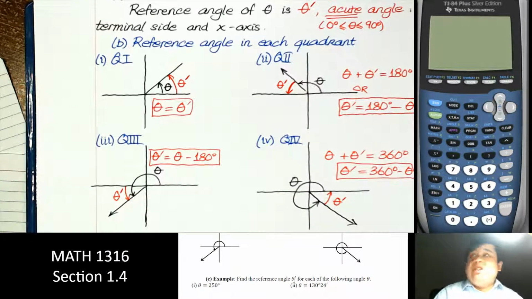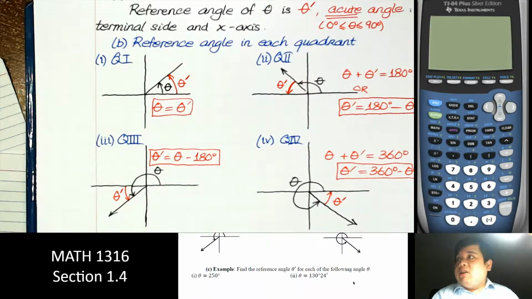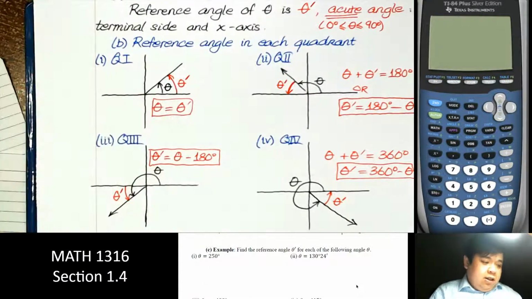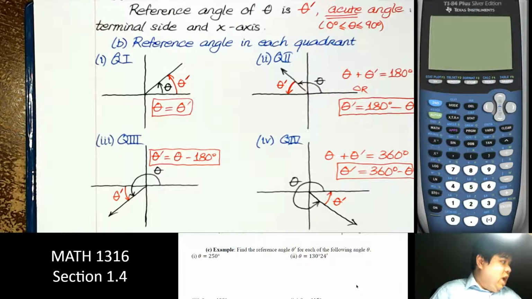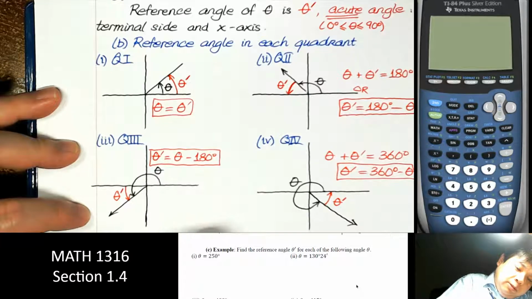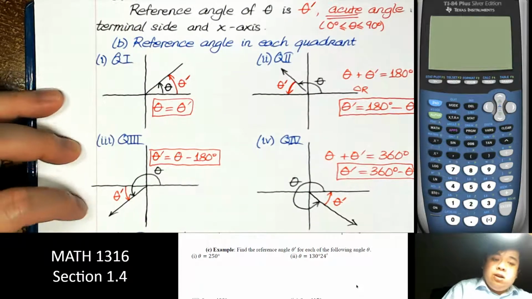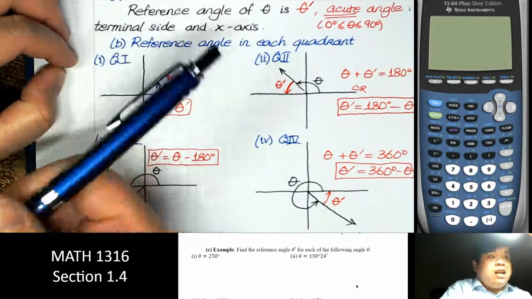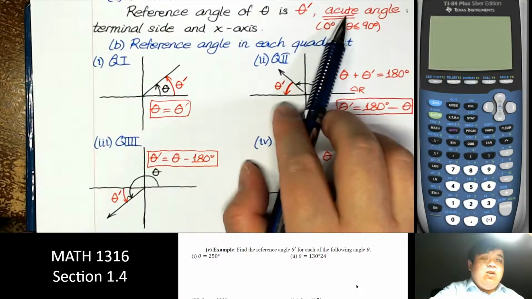So we have 4 different scenarios, 4 different quadrants, and we have different scenarios for the reference angle. So the key here is the terminal side and the x-axis. Whatever gives us an acute angle, that's what we take.